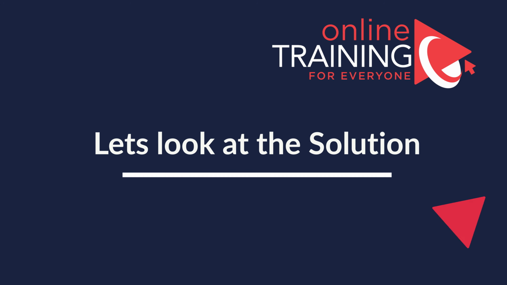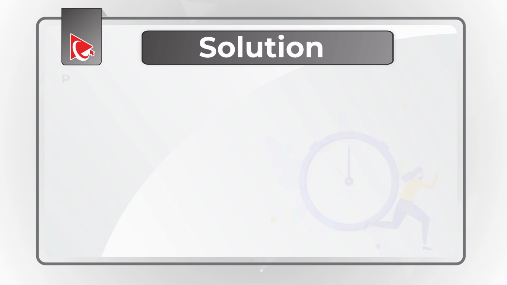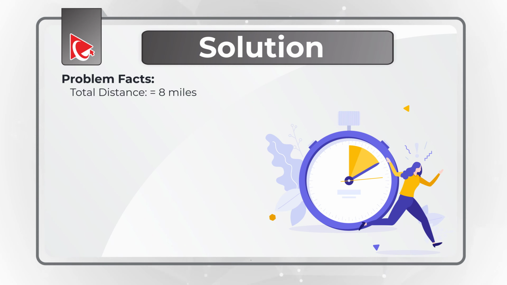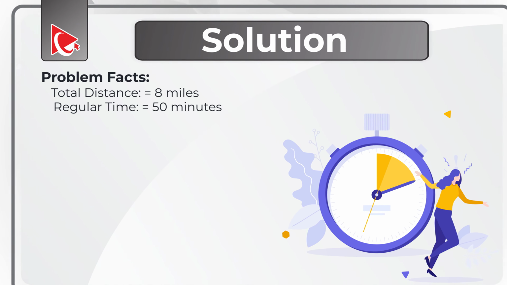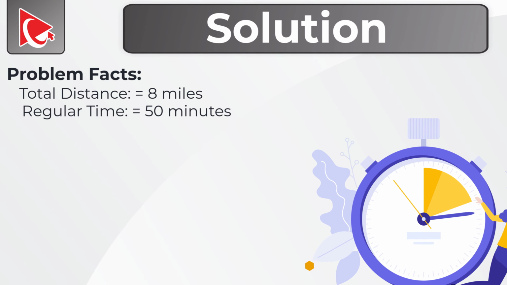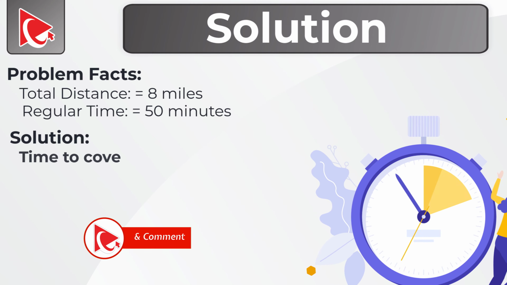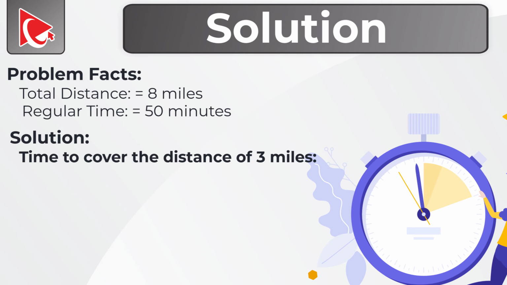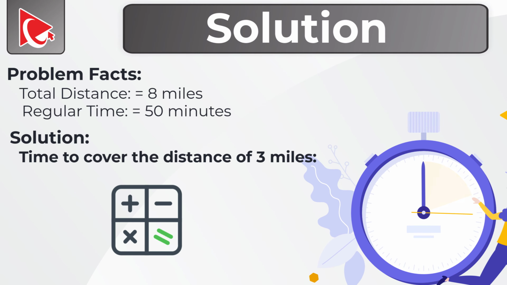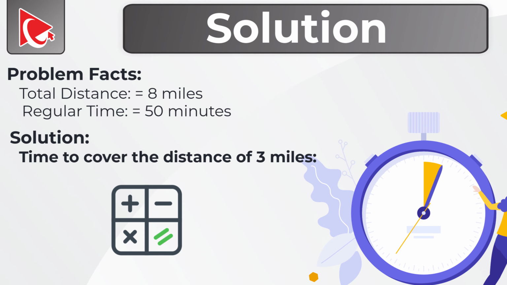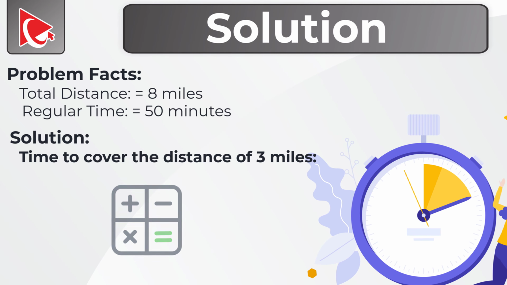We only have 2 facts in this problem. Total distance equals 8 miles, and the regular time Anisha covers this distance is 50 minutes. So, to get to the solution, we need to determine the time to cover the distance of 3 miles. Let's first calculate how long it took for Anisha to cover the distance of 3 miles.